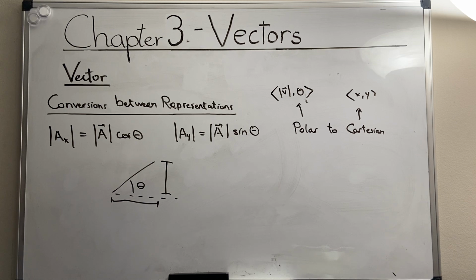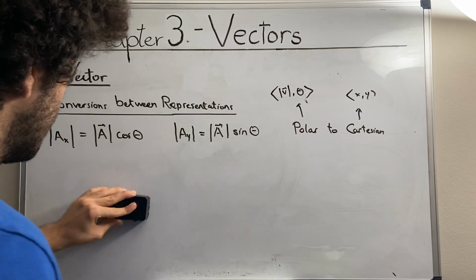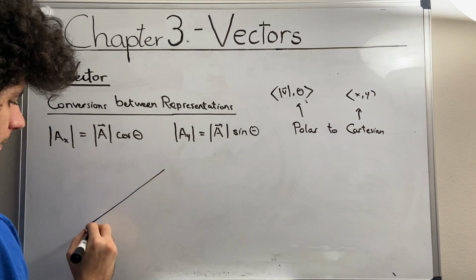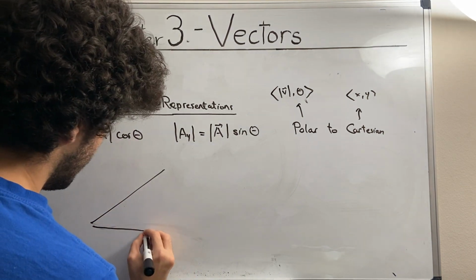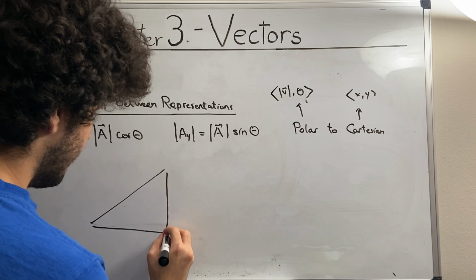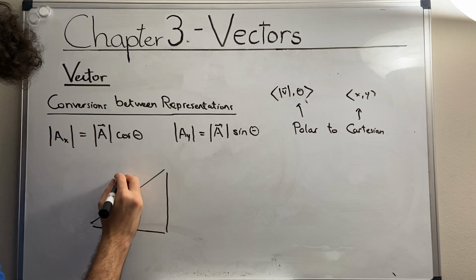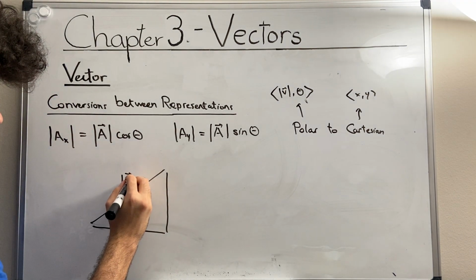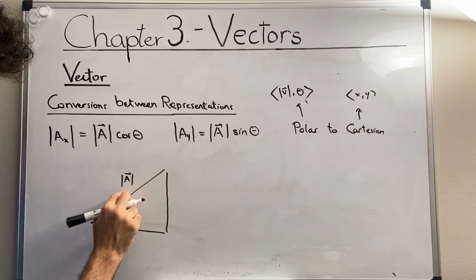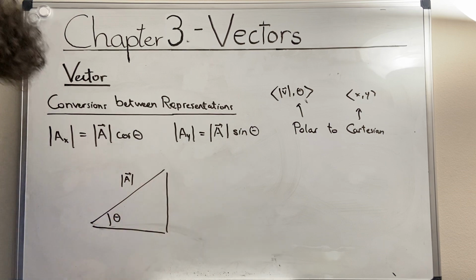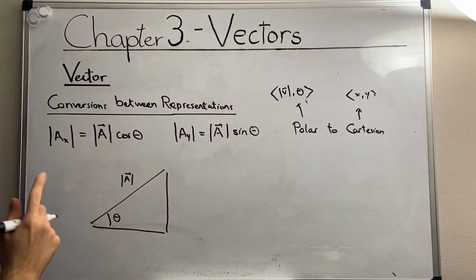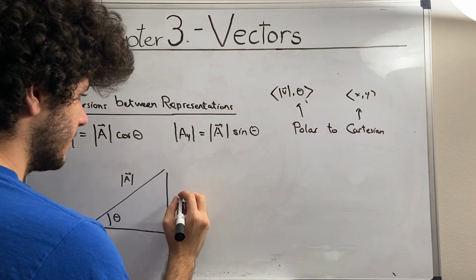So, yeah. And in case you are interested in why this formula is the way it is, well, it's because, see, if this is A, the magnitude of A, and then we have an angle here.